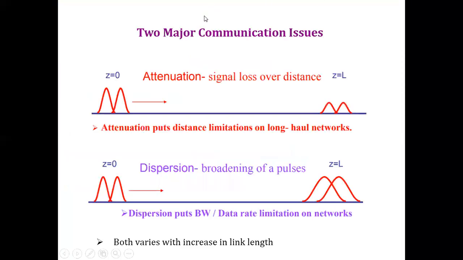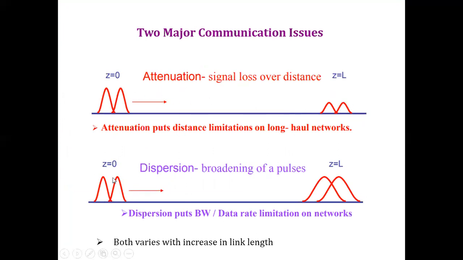Here the two major communication issues are attenuation and dispersion. First, attenuation: when the signal is traveling over a long distance, here this is our input, right? The amplitude of this signal is reduced and it will look like this. This type of output is called attenuation loss.